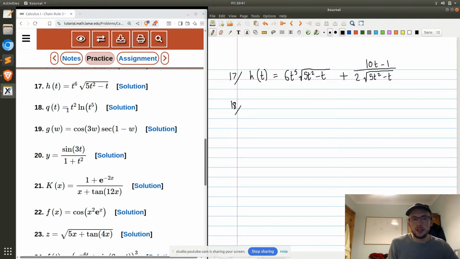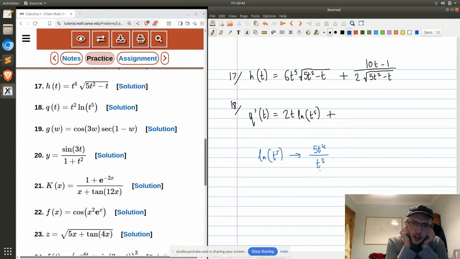18. Q of t equals t squared times ln of t to the 5. So q prime of t. This is another product. So 2t ln of t to the 5 plus, and we differentiate ln of t to the 5 down here, though we're getting more used to it now. We know that it'll be that on the bottom and that on the... No, wait. That's wrong. That on the top, right? No, wait. That can't be.